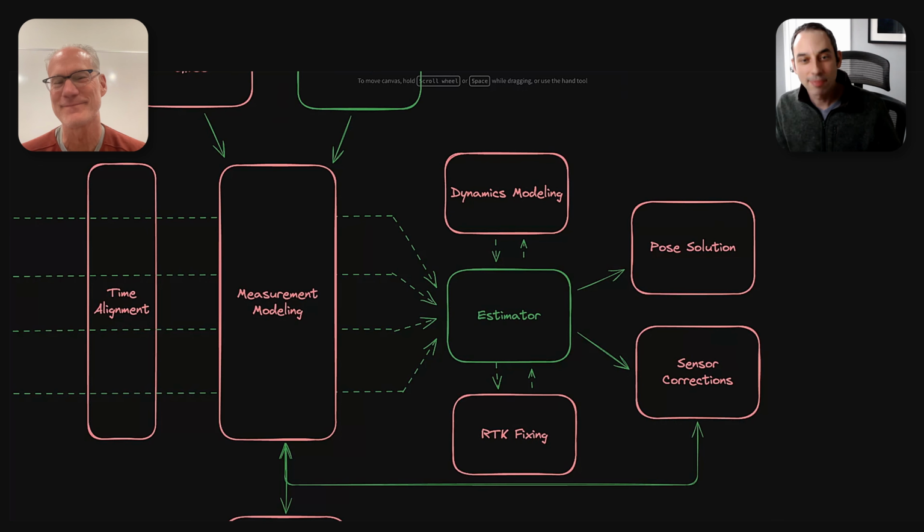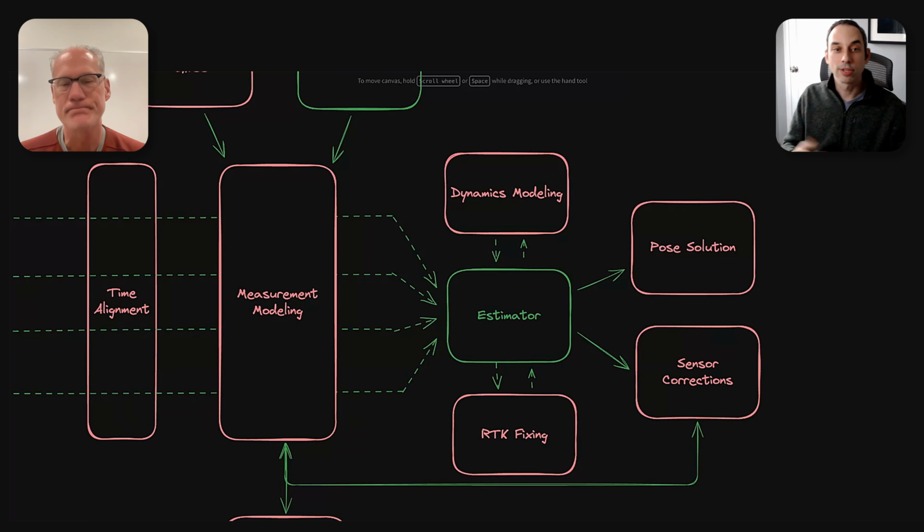So the system has to be capable of detecting these kinds of things. And the way it does that is the more measurements you take in, the more it learns about the world. And so it's comparing, both explicitly and implicitly through the estimator, all the different types of sensors, all the different types of error. And it can use that to build this knowledge about how correct or incorrect a given sensor is.